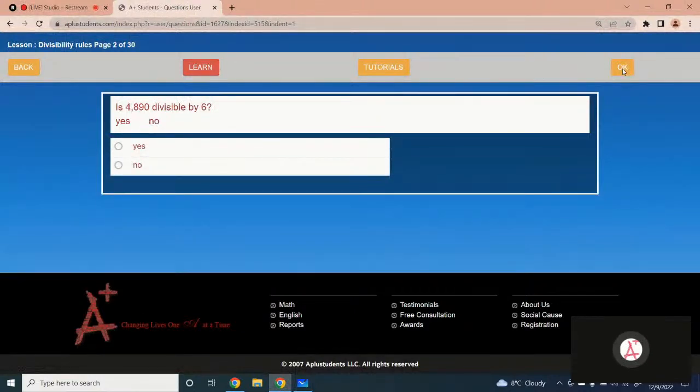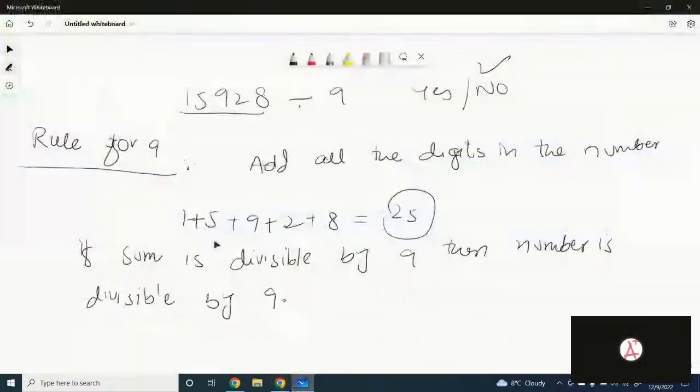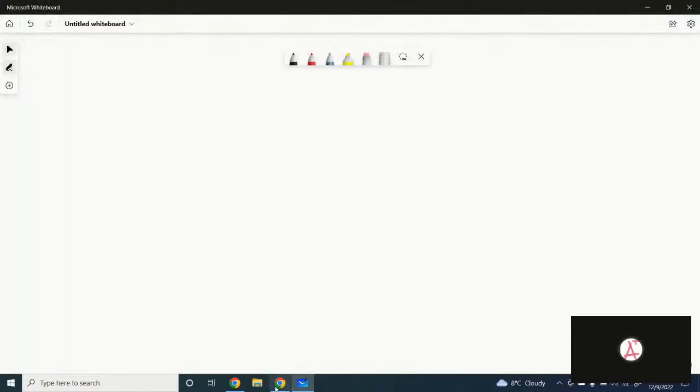Okay, the next one: is 4890 divisible by 6? You have to check if 4890 is divisible by 6, yes or no. Got it?